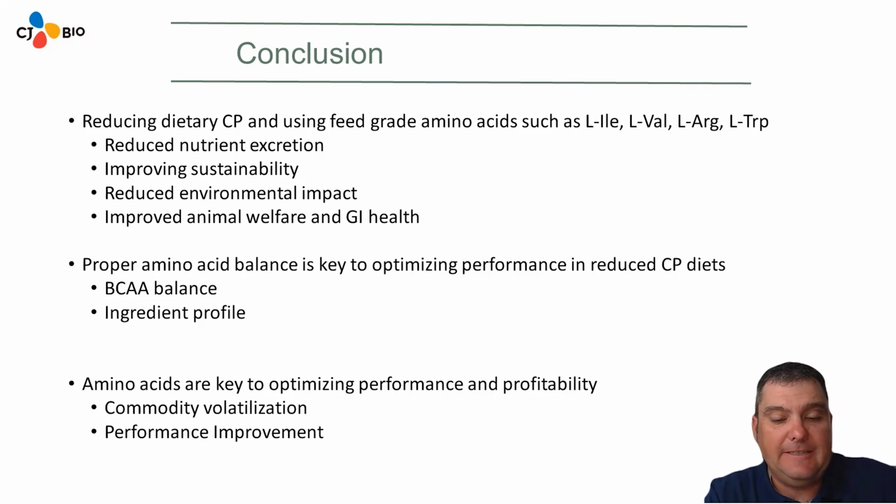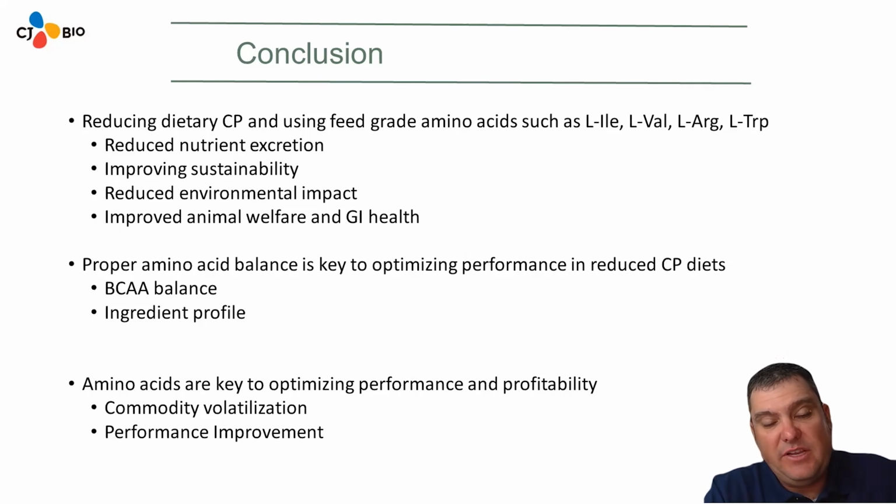We have seen a significant increase in the last 12 to 18 months within the U.S. market of folks using fourth and even the fifth limiting amino acid right now, as we continue to see this volatilization within the market.